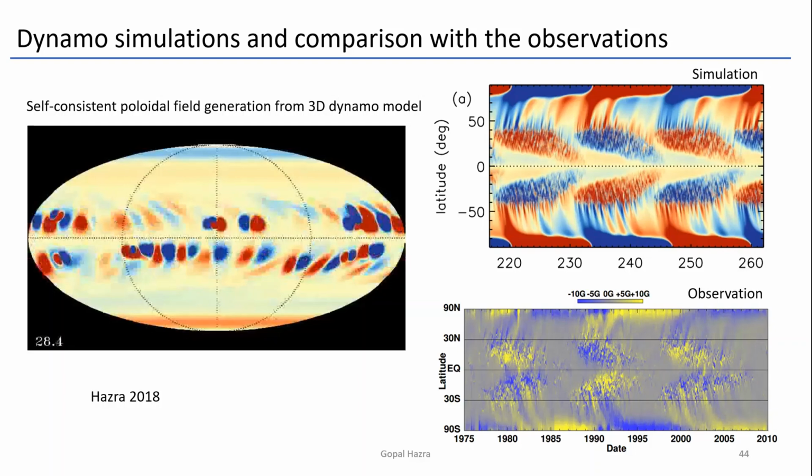Another thing, we can extrapolate this. At the end of the day, the coronal magnetic field is coming from the photospheric magnetic field. So if we can nicely understand how the photosphere is behaving, then we can extrapolate to get the coronal magnetic field. Many people are now interested in that, because the coronal magnetic field not only affects our space weather on Earth, it is also important in exoplanetary systems. It is very important for life on another planet.